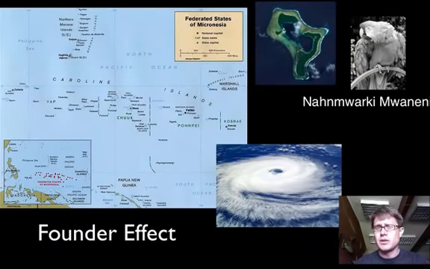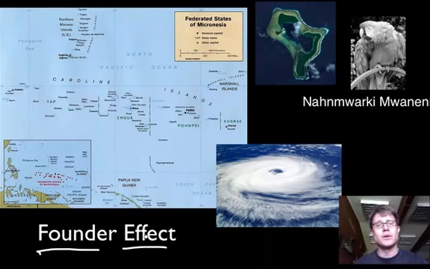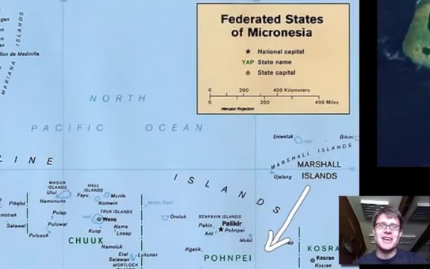Another example related to humans would be the founder effect. The founder effect can happen in any organism, but it's when you have a small population that finds a new area or is the founding population of that new area. I didn't know about this, but maybe you did. In the South Pacific, we have what's called the Federated States of Micronesia, and in there is a tiny little island called Pingelap.